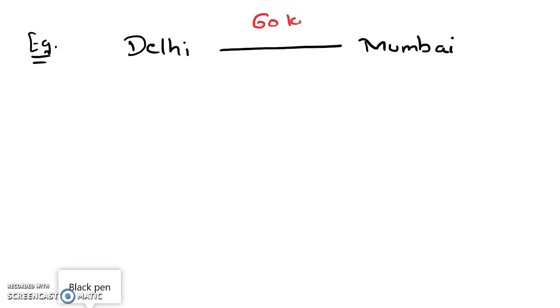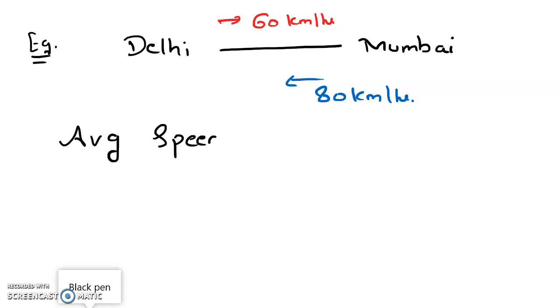If I say you went from Delhi to Mumbai with a speed of 60, and you returned from Mumbai with a speed of 80 kmph, what is your average speed in that case?